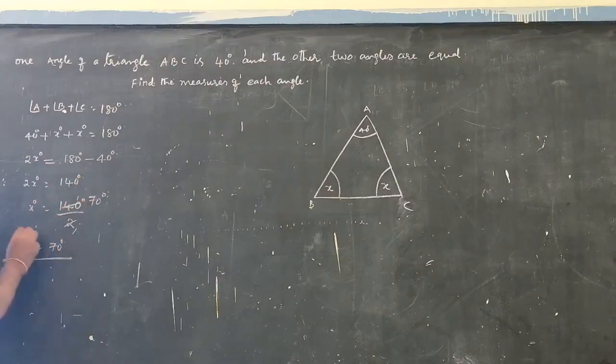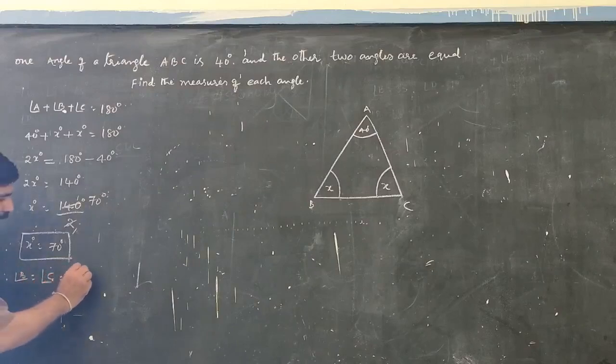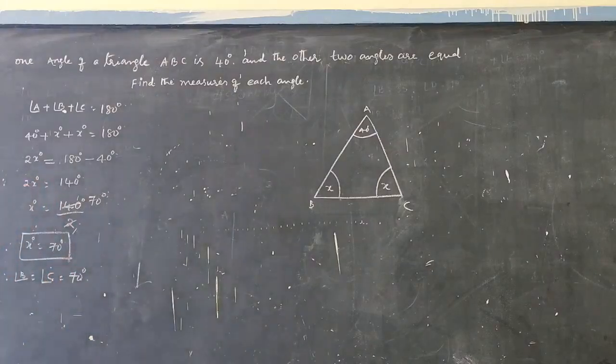Therefore, angle B is equal to angle C is equal to 70 degrees each.